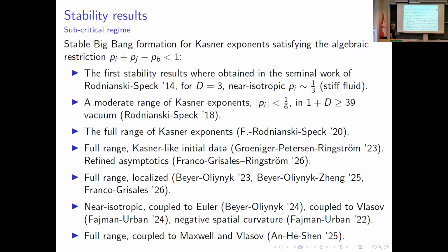Now, in this presentation, I would like to emphasize the two different methods that are usually employed to get this stable Big Bang formation, which distinguish between the near isotropic case and the full range or moderate range, or if you have anisotropic background Kasner values.